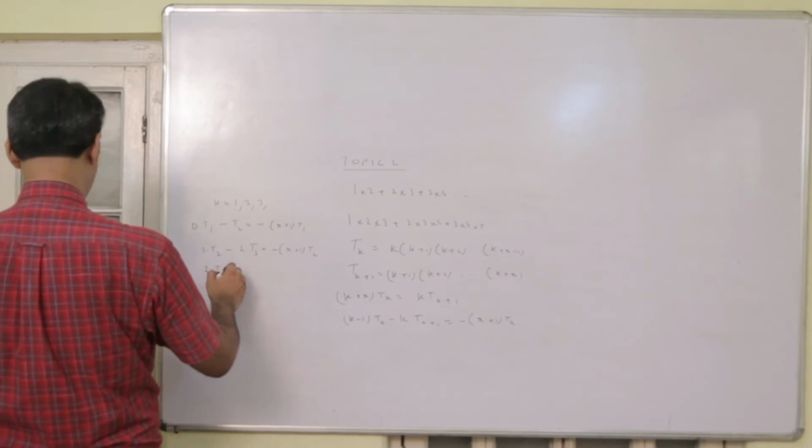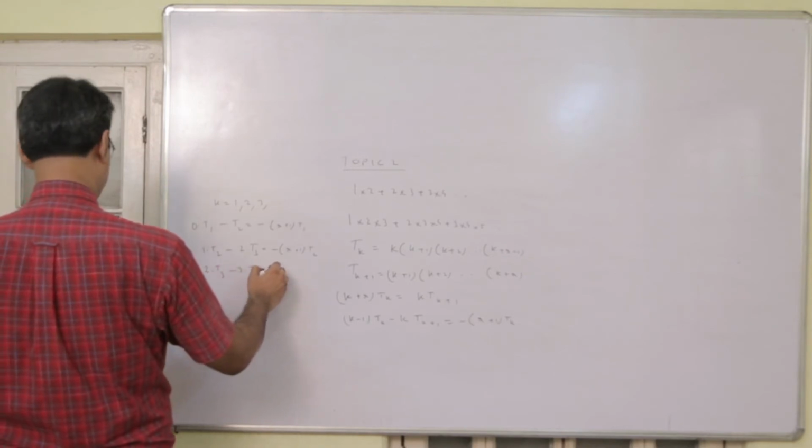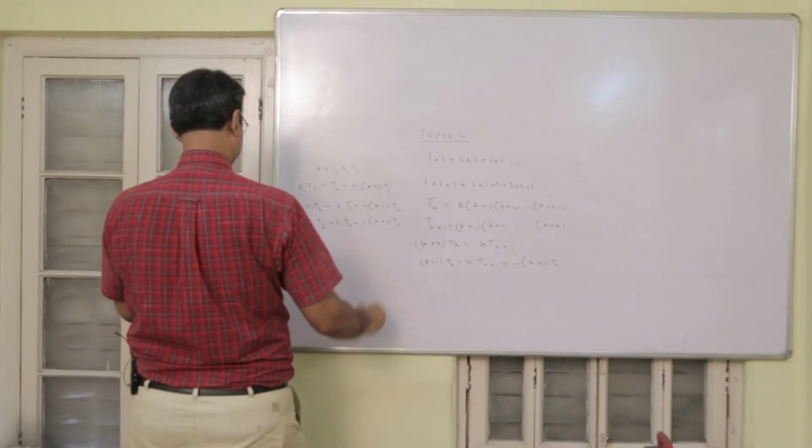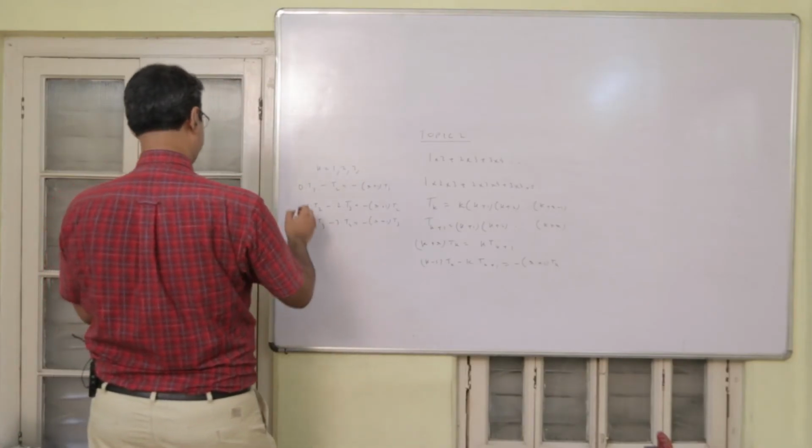So the next term will be 2 into T3 minus 3 into T4 is minus r plus 1 into T3.